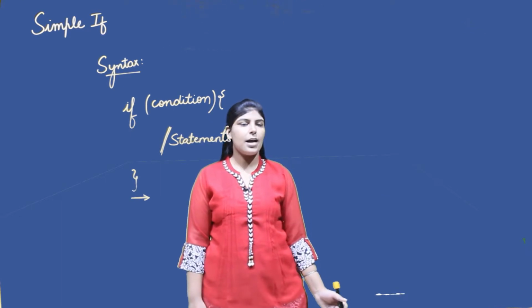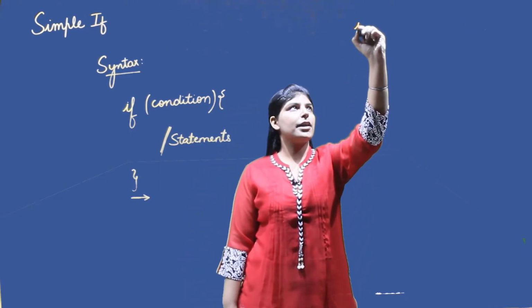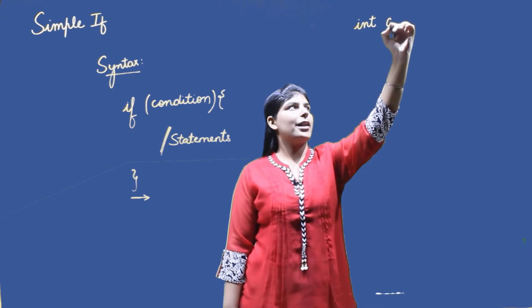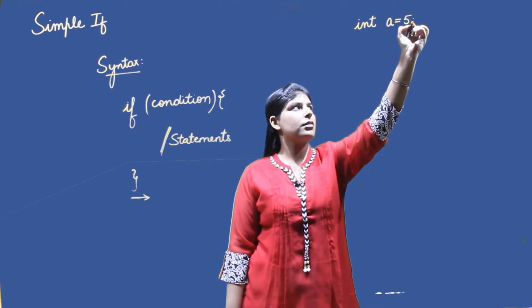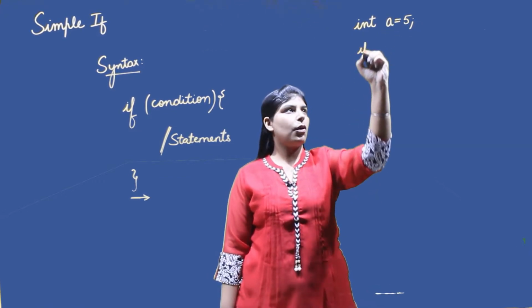Now let us see an example of this. So suppose I have a variable a whose value is 5. So now I can use an if block.